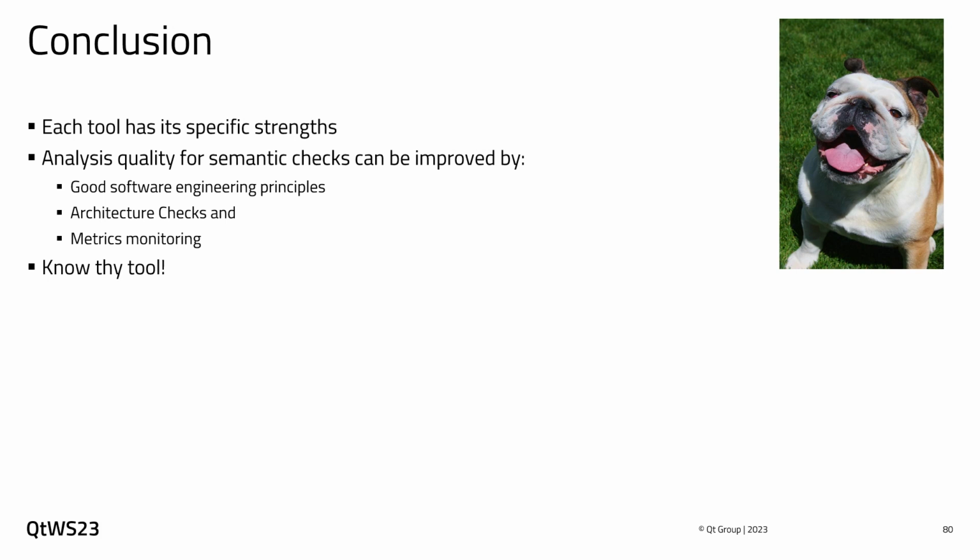Follow these good software engineering principles. Don't do 10 different things in one function, that confuses tools and your colleagues. Architecture checking and monitoring the metrics of components is also something. It's a recommendation. So if things get too big, just refactor that. And know what the tools can do and what they can't do. That's what we tried to give you a little bit of insight into today.